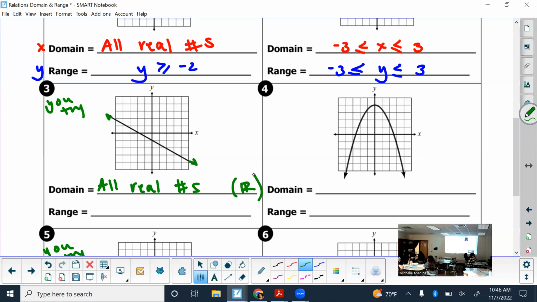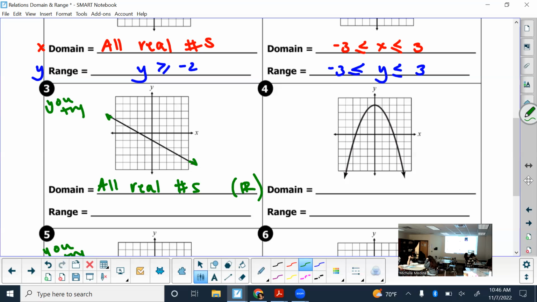All right, table 6. What is the range of number 3? Is there a boundary going up or down? So will it go infinitely up? Will it go infinitely down?